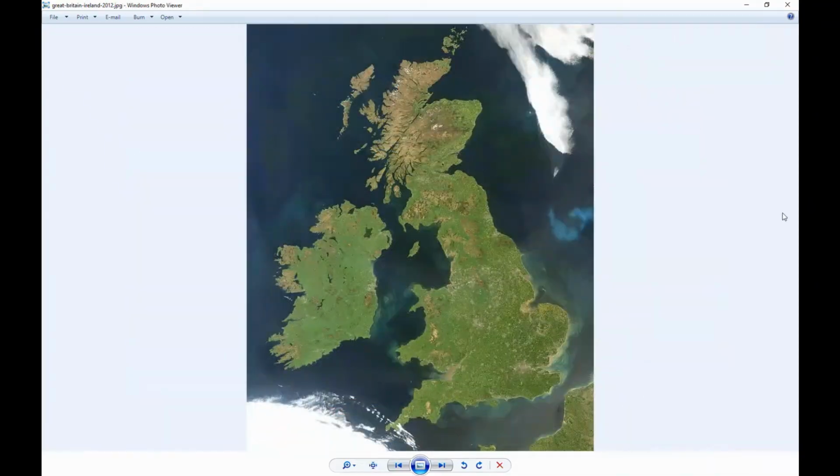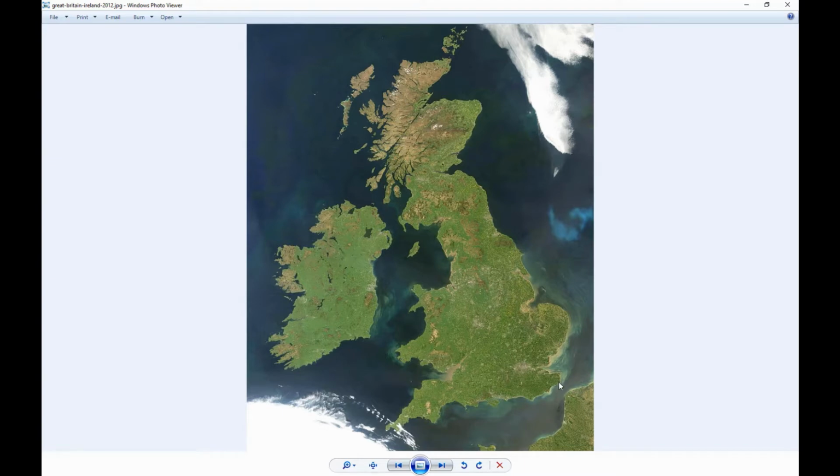So this is a NASA photo of Ireland and Great Britain in 2012. So you can see in reality, Scotland up here is to the north. It's not over here like Ptolemy drew it. You can also see from this map how close the Mull of Kintyre is here to Northern Ireland.